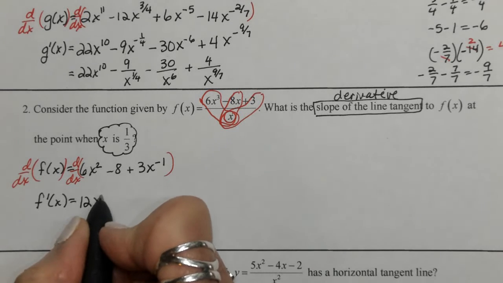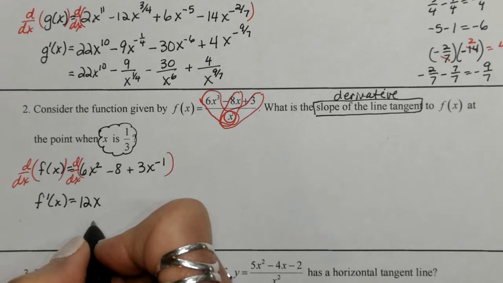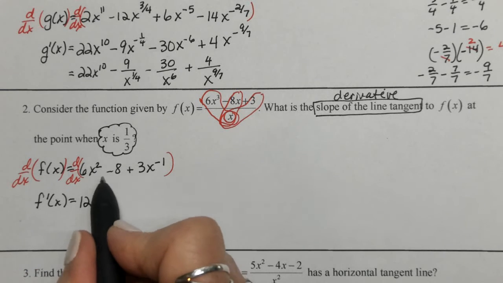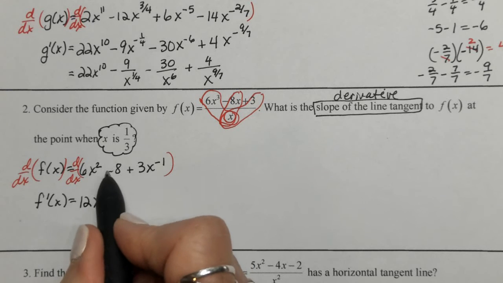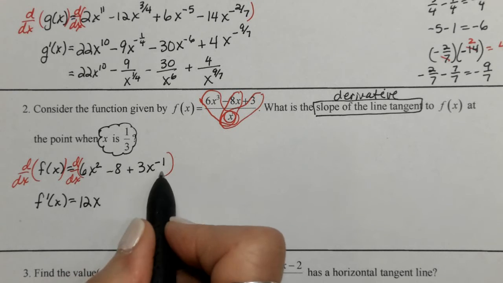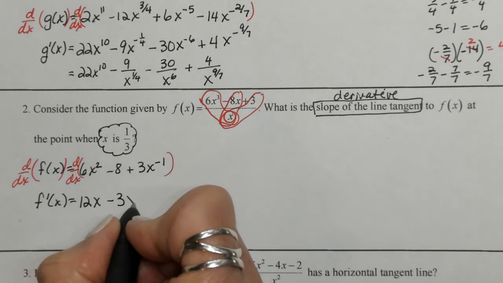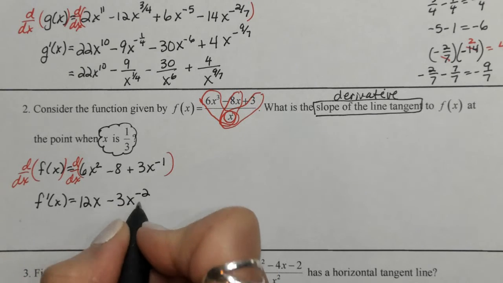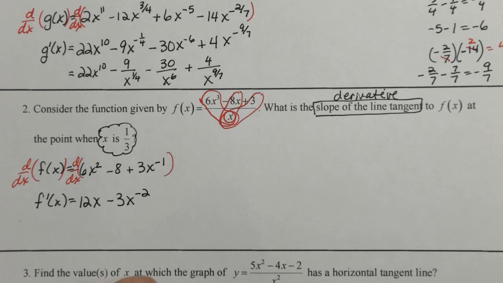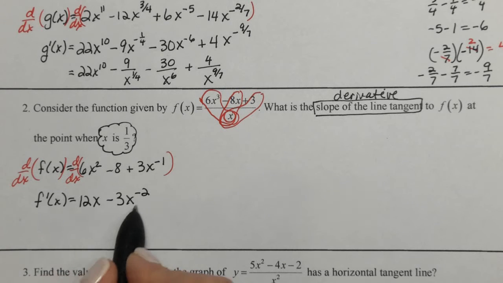We'll just have a 1 as our exponent, which we usually do not write. The derivative of a constant is 0, so that piece will be 0. And then negative 1 times 3 will be a negative 3, x to the negative 2. All right, nothing wrong with this expression.